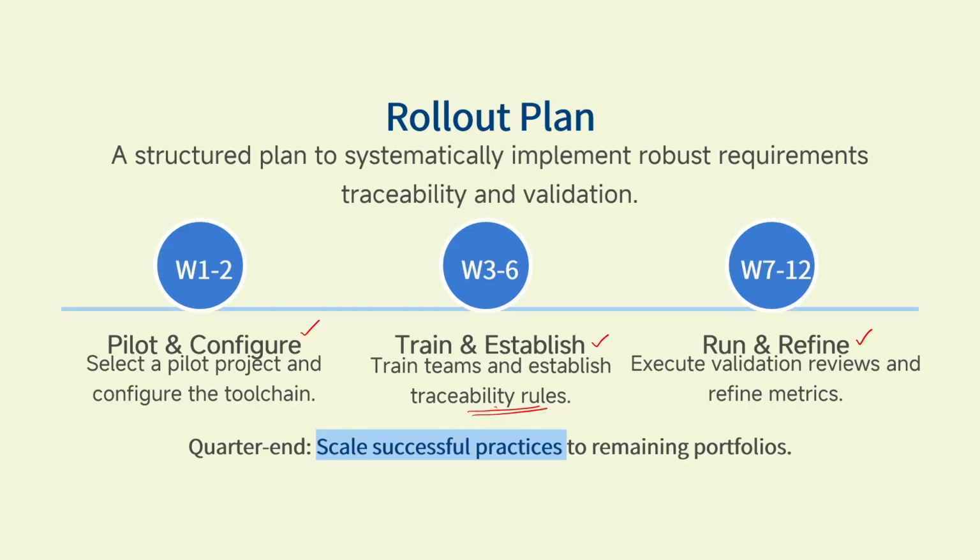So those rules have to be established, and the training for establishing those rules will also be given in the second phase. In the third phase, we execute the validation reviews and check whether it is correctly done or not. Okay. So validation is like, you have the requirements and whether the requirements have been carefully carried out or not is being validated, and if necessary we could also refine the metrics.